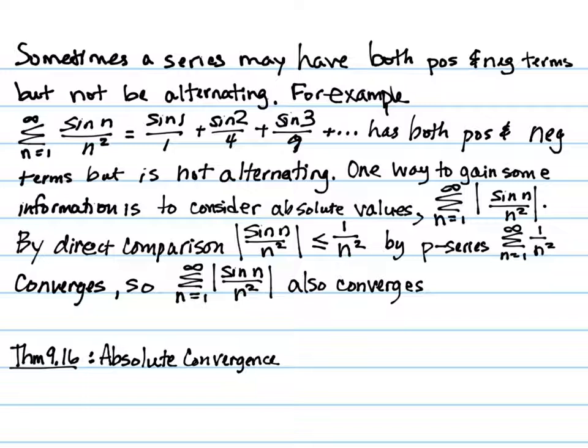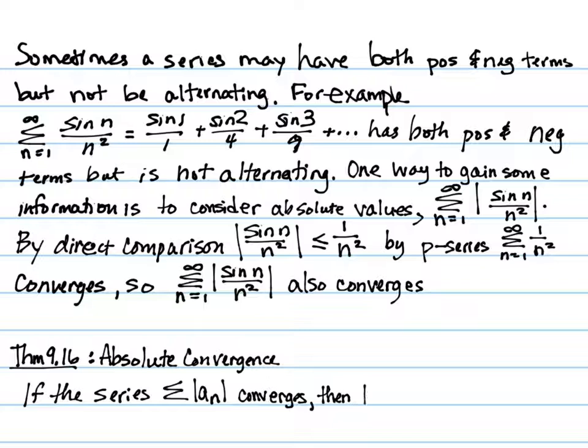And it says the following: if the series, and we're just going to leave the limits off because it doesn't matter, if the series of the absolute value of a sub n converges, beautiful things happen. Then the series, the summation of a sub n without the absolute values, also converges.